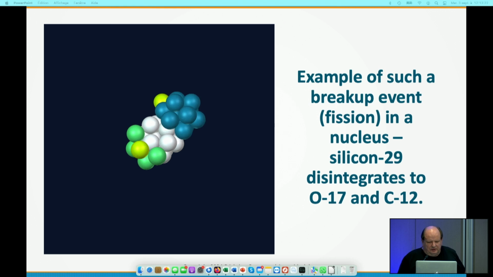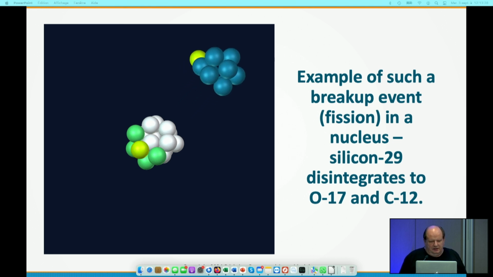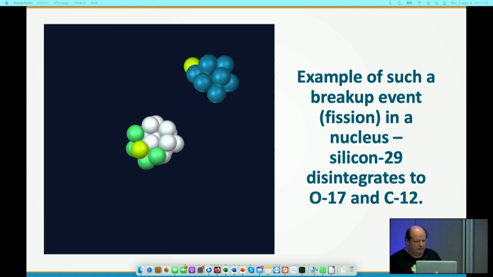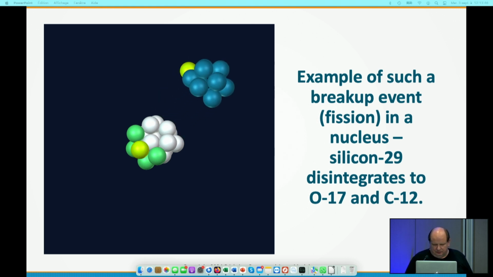We have silicon-29, and for whatever reason, the carbon basically is disconnecting, and what is left basically is an oxygen-17 and a carbon-12. But this shows what basically happens. This is a breakup point. Not that it would really do this in this kind of configuration, but it clearly shows what is going on.